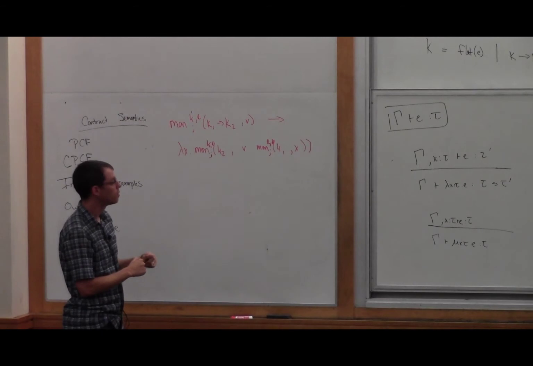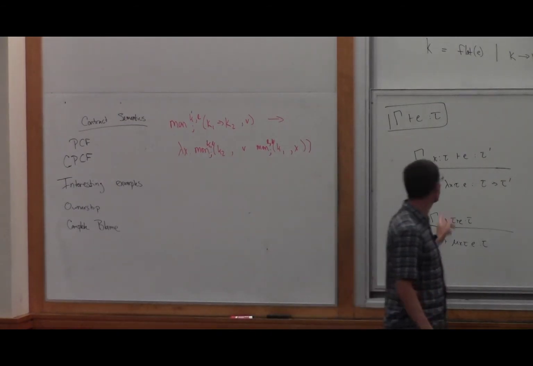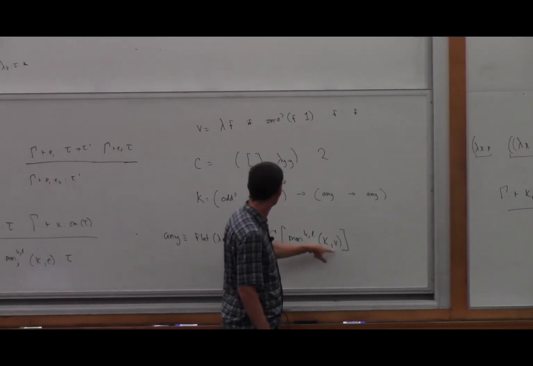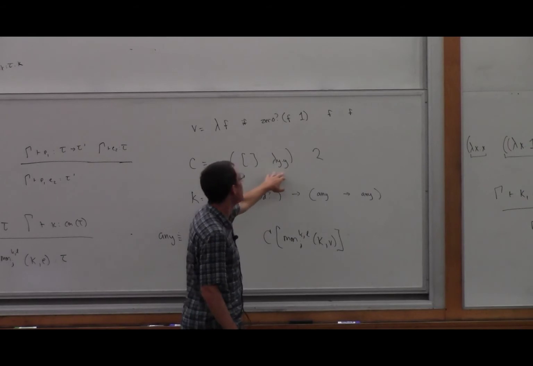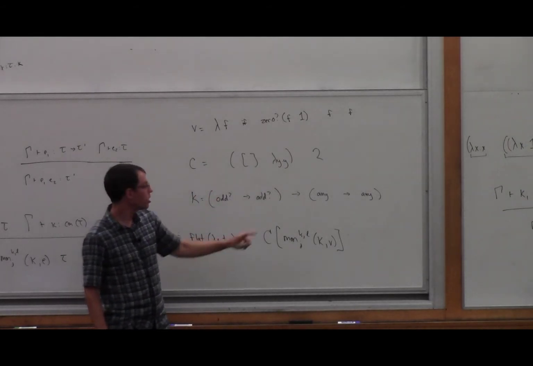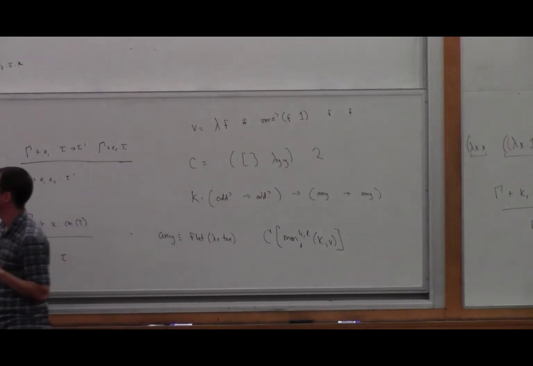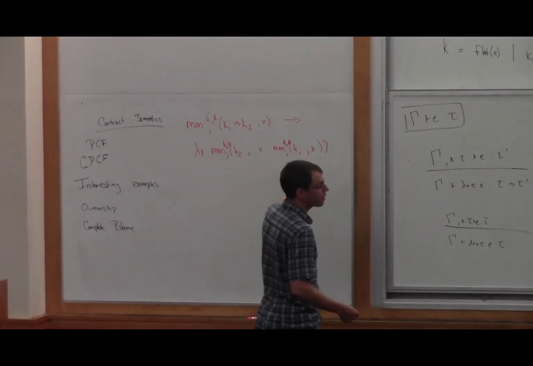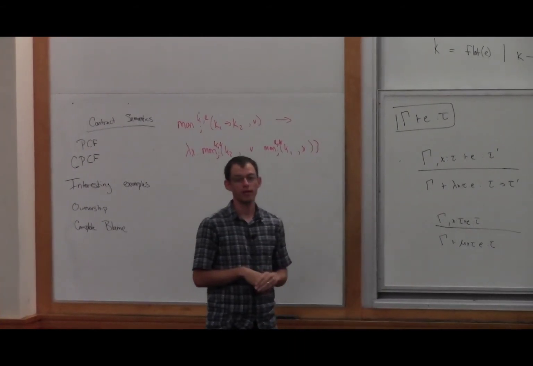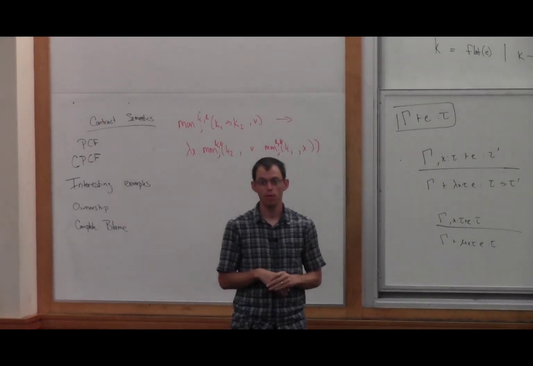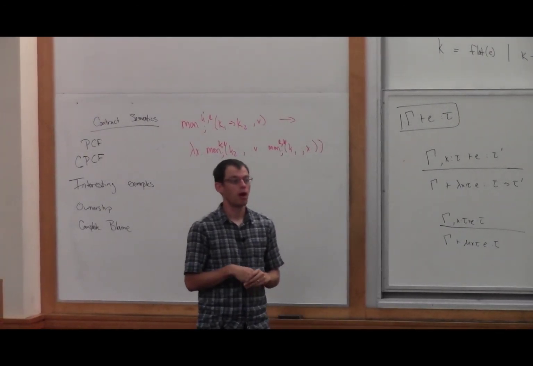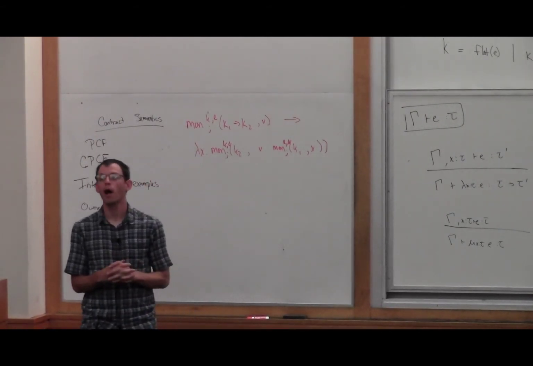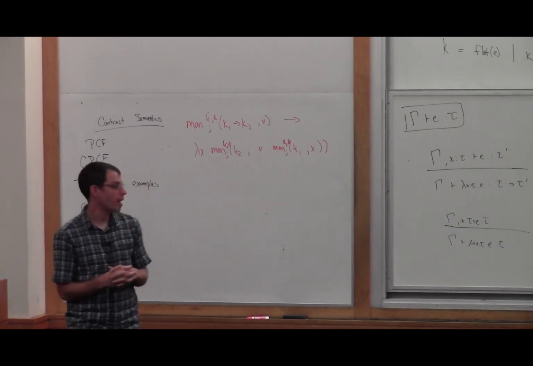Then that produces a value. So our monitor produces a value, and then we can take one step of beta reduction, substituting lambda y in for x here. So then we are monitoring odd arrow odd on lambda y. But what are the blame labels when we're monitoring odd arrow odd on lambda y?